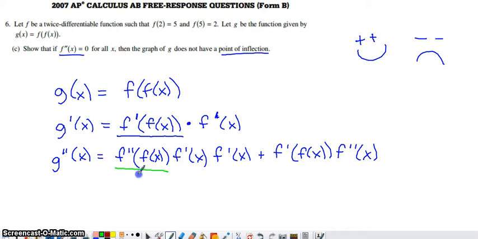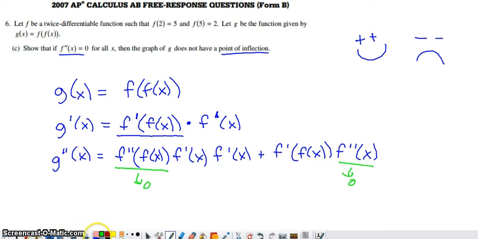So this piece is going to equal 0, and the product of 0 times something else has to be 0. Similarly, f double prime is 0 for all x, so this piece is also going to have to equal 0. If you have 0 plus 0, your second derivative g double prime is always 0.